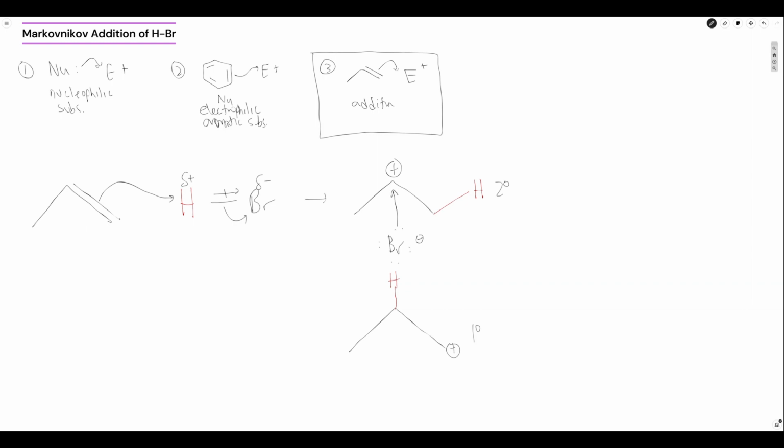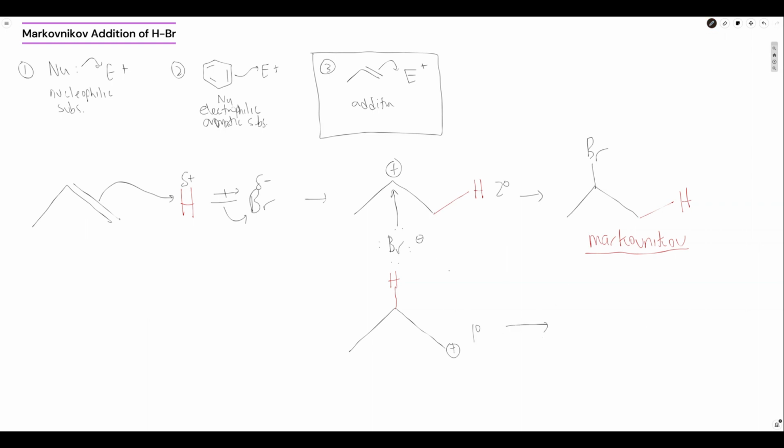The bromine traps the carbocation, and we get this product right here with the proton that was in HBr here, and I'll draw it again in red. And so this here is the Markovnikov product. That's the Markovnikov product.